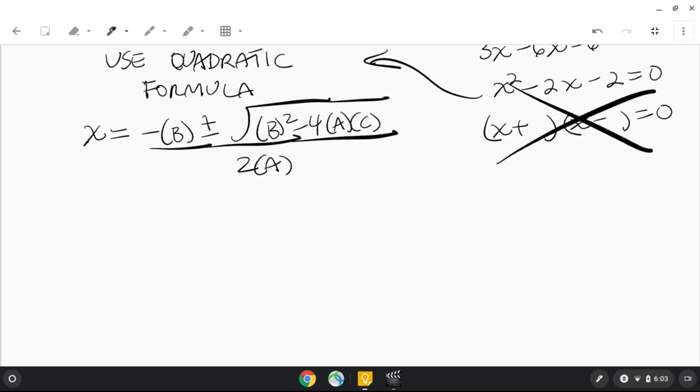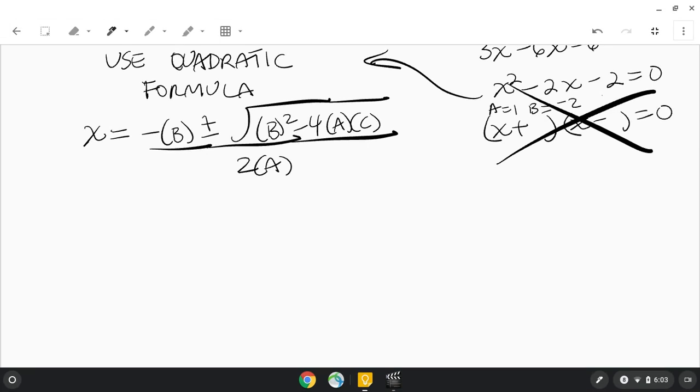All right. So let's see. A equals 1, B equals -2, and C equals -2. All right, so let's plug those numbers into the quadratic formula. Negative B is -2.